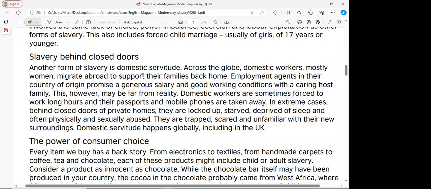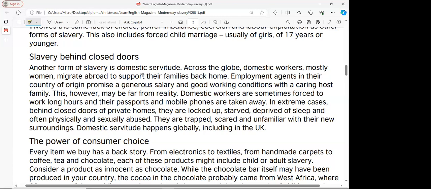Domestic workers are sometimes forced to work long hours, and their passports and mobile phones are taken away. In extreme cases, behind closed doors of private homes, they are locked up, starved, deprived of sleep, and often physically and sexually abused.